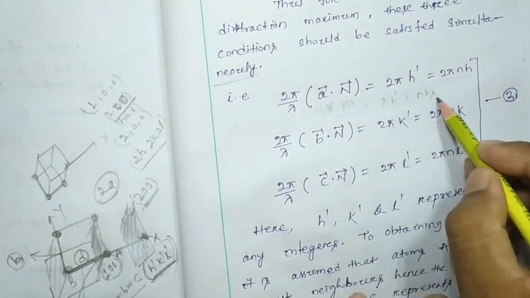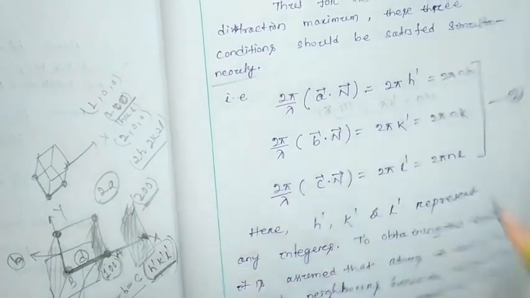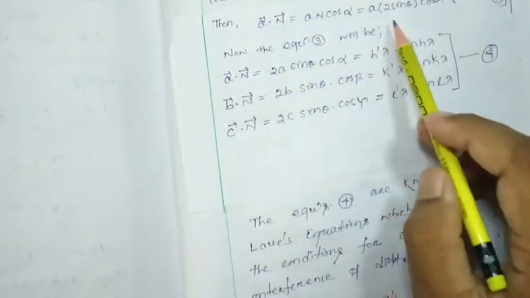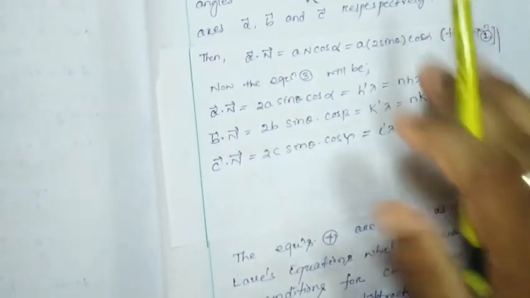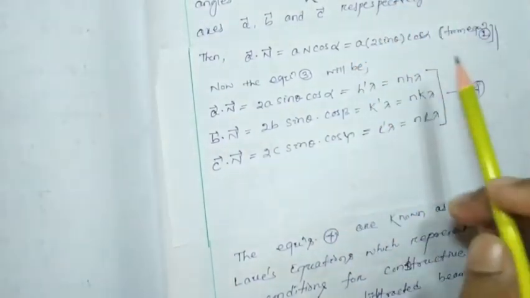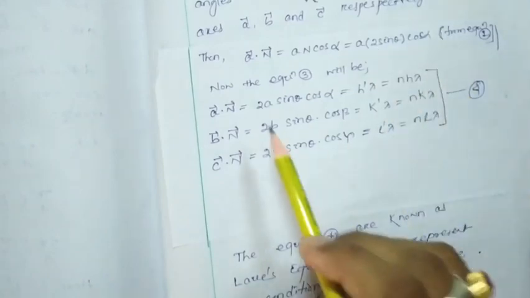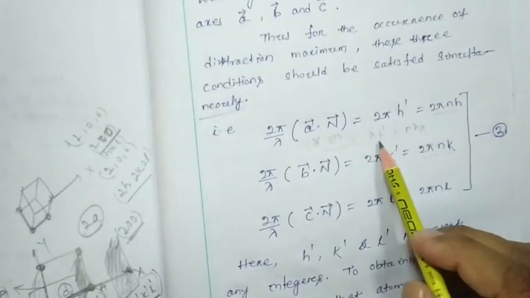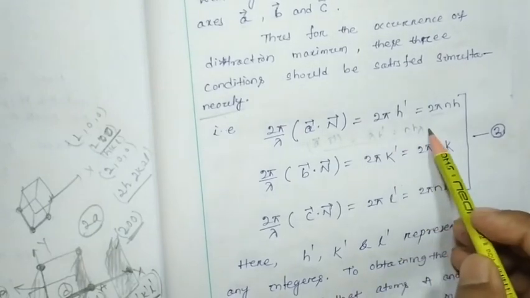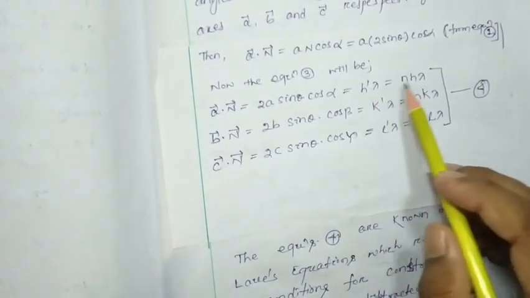In this format, A dot N, we found, is A 2 sin theta cos alpha, or 2A sin theta into cos alpha, which will be equal to H dash lambda. See, H dash lambda equal to NH lambda.